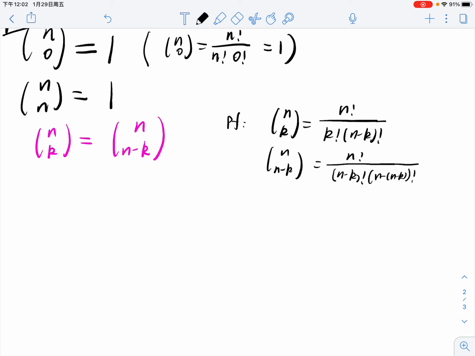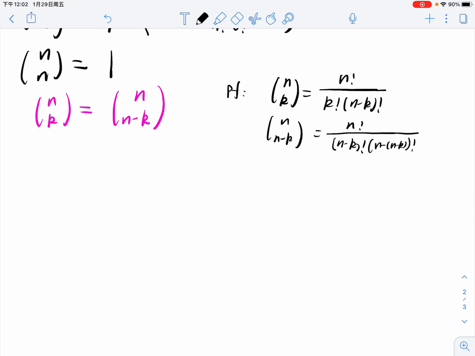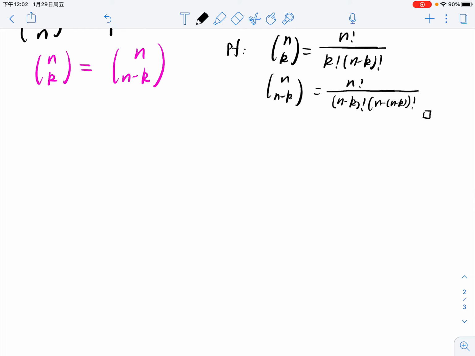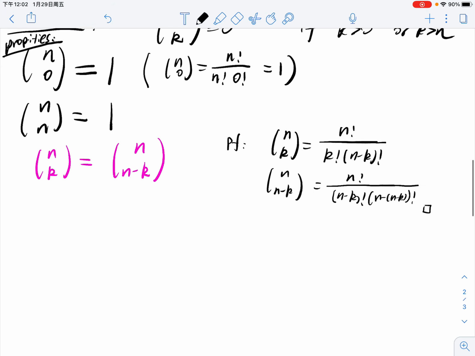So they are equal. Or you have a quicker combinatorial interpretation: n choose k is the same as choosing the complement, n minus k elements. So they are in one-to-one correspondence with each other. These are three basic properties.